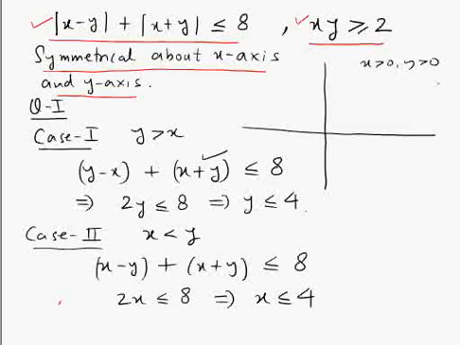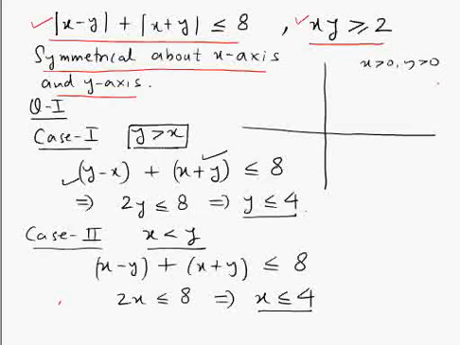So to remove this mod, we'll have to make two cases. The first case is y greater than x. The second case is y less than x, or x greater than y. When y is greater than x, this mod will return a positive quantity, which is y minus x. On simplification, it becomes y less than or equal to 4. So when we are plotting y greater than x, we have to plot y less than or equal to 4. Same on this side, when y is less than x, on simplification we get x less than or equal to 4.